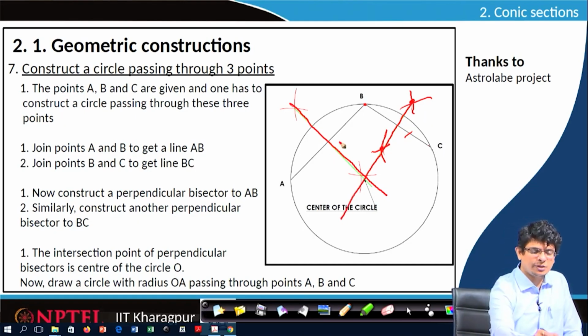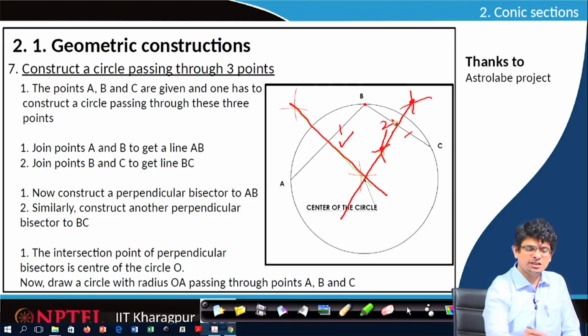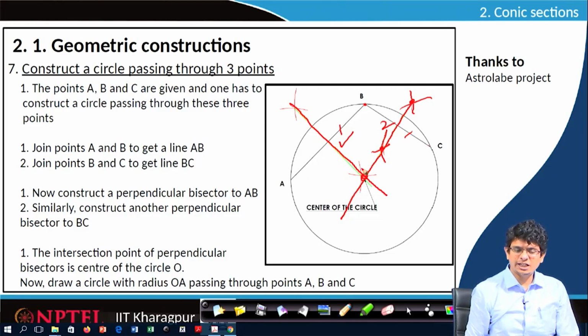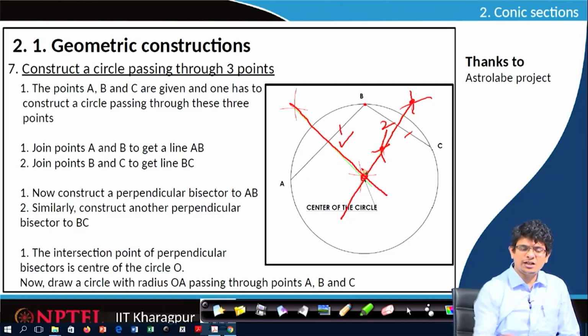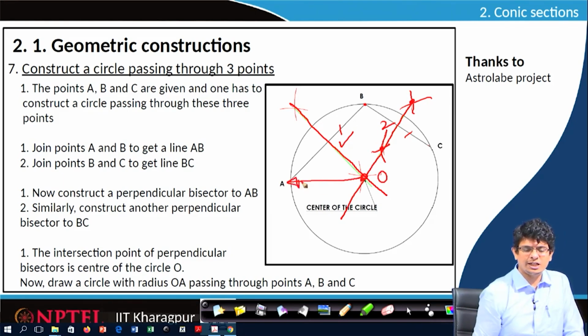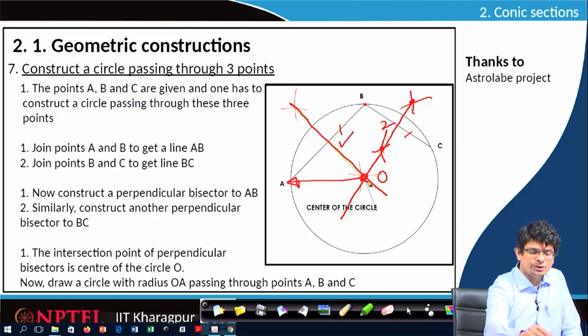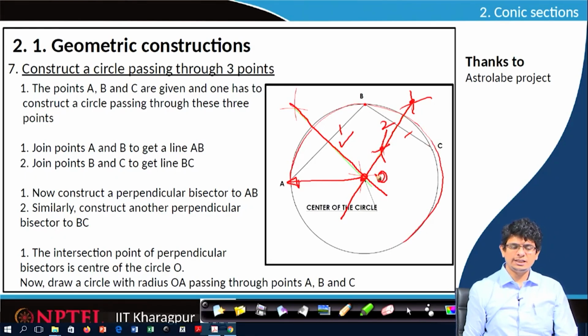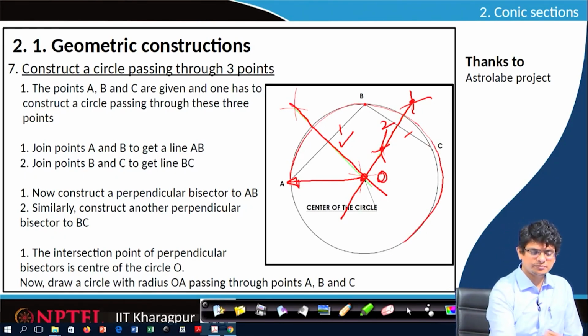Where the first and the second perpendicular bisectors intersect, that will be the center of the circle. Once the center of the circle is identified, from center O, measure the distance AO, and use your compass to draw the circle which passes through A, B, C with center O. This is the way we construct it.